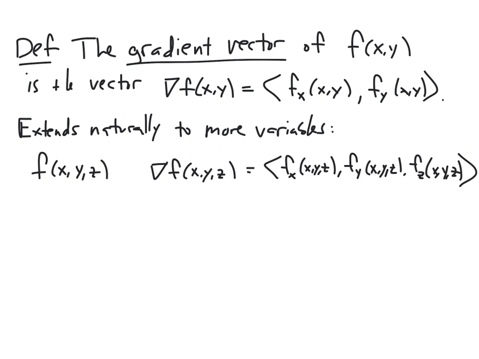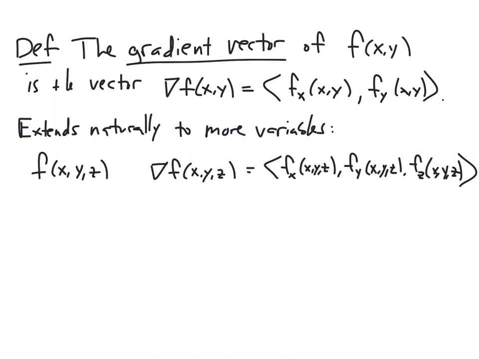And if we had a function of four variables, the gradient would be a vector with four components, the partials with respect to those four variables in the order that they're indicated, and same with 5, 6, 7, or 823 variables.